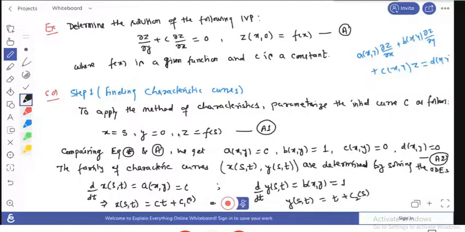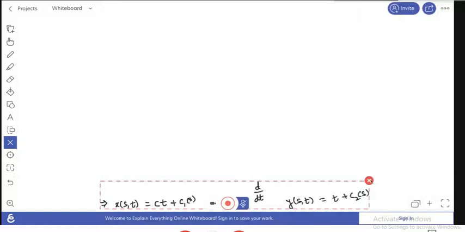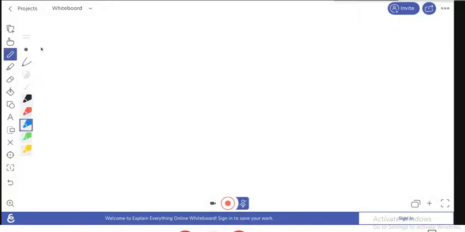The second step is to apply the initial conditions, and then find the values of c1 and c2, and then the values of x and y in terms of s, t. So on the next page, in step 2, we apply the initial conditions.